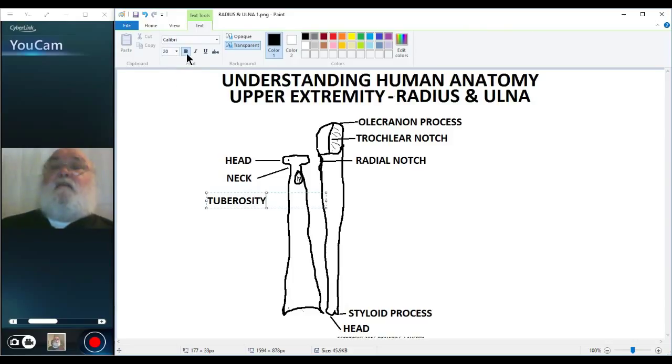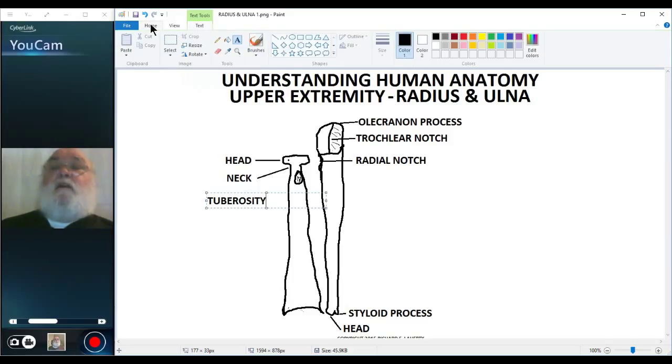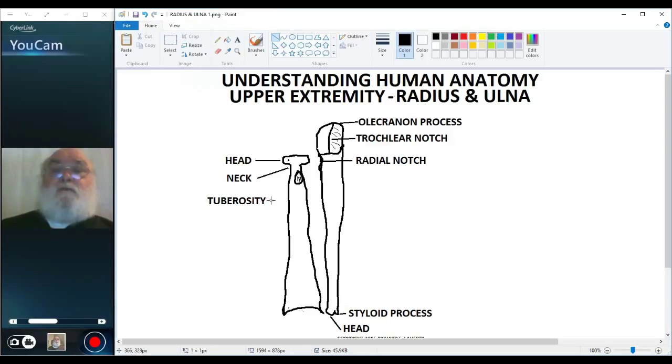And the tuberosity of the radius is an important structure to know and remember, because the tuberosity of the radius is the insertion for biceps brachii, and it's here on the anterior surface of the radius.